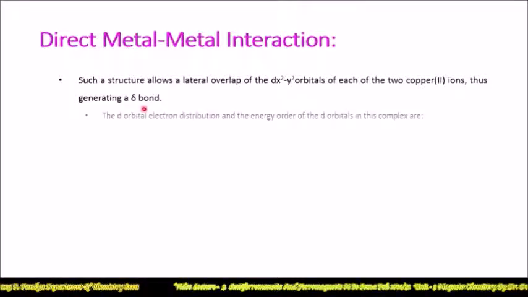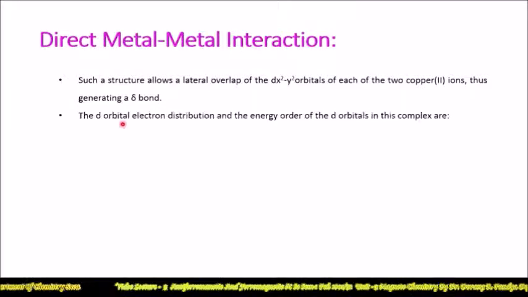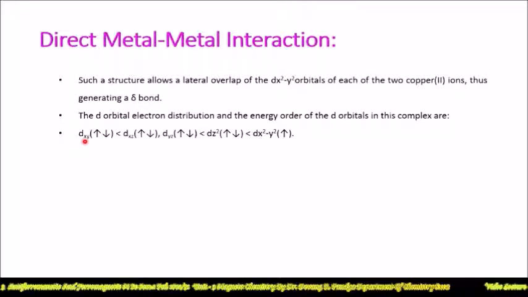The d orbital electron distribution and the energy order of the d orbitals in this complex is arranged in this way: dxy antiparallel arrangement is lower than dxz, which is nearly equivalent to dyz, which is less than dz², which is less than dx²-y².